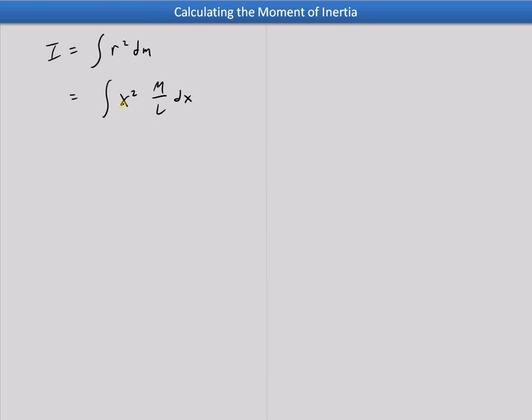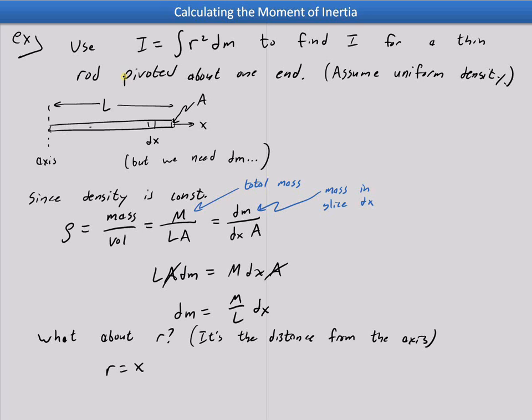M and L, that's the total mass and total length, those are constants. We do need one more thing. We need to have limits for our integral. So dx starts at x equals 0, and it ends at x equals L. Let's just look back at our picture to see where that came from. So we start here at x equals 0, and we go all the way over to the right to where x would equal L.